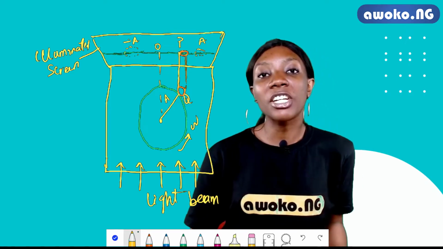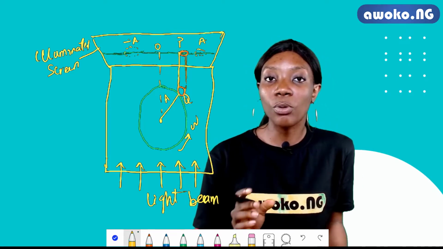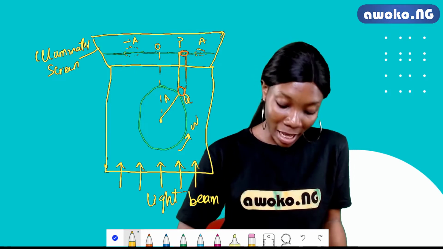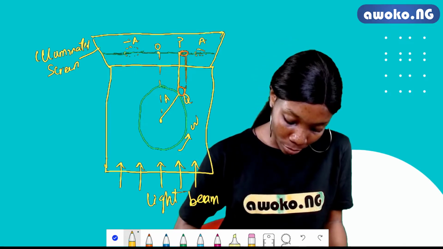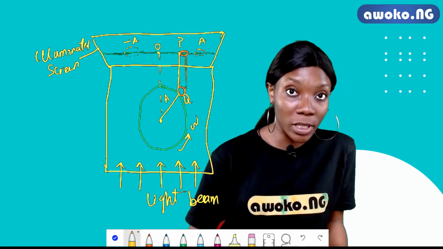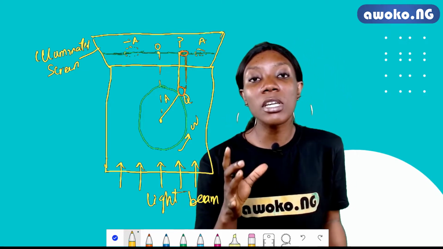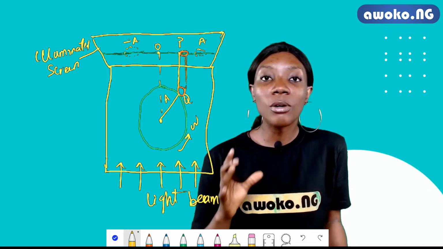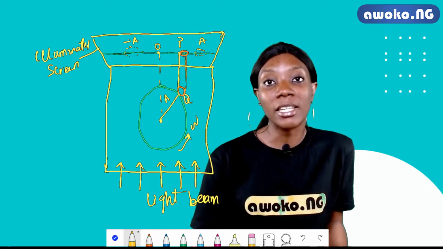Now, we then arrange a body attached to an ideal spring. That is this point here that I drew, down to the fixed point, so that the body oscillates parallel to the shadow. That was just the essence of doing that.